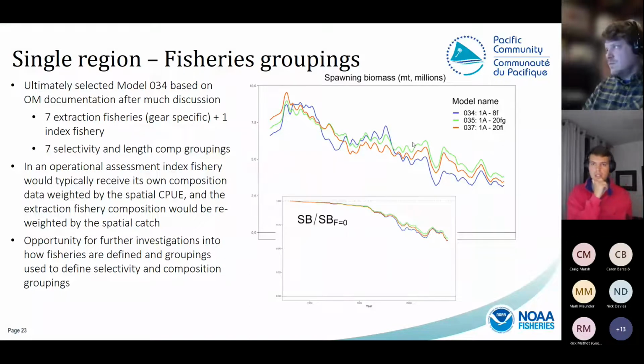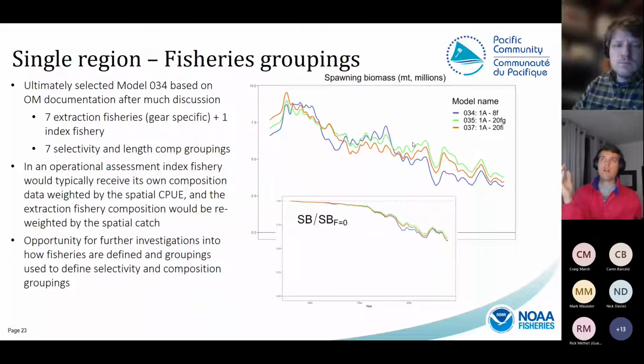Yeah, we had a lot of discussion about this, and eventually, given the documentation of the operating model that indicated that selectivity was consistent across gears and space within a gear, we opted for this more simplified approach, with the idea being that maybe once spatial processes are added into it, such as movement and the regional recruitment, that can maybe explain some of the differences that are seen.